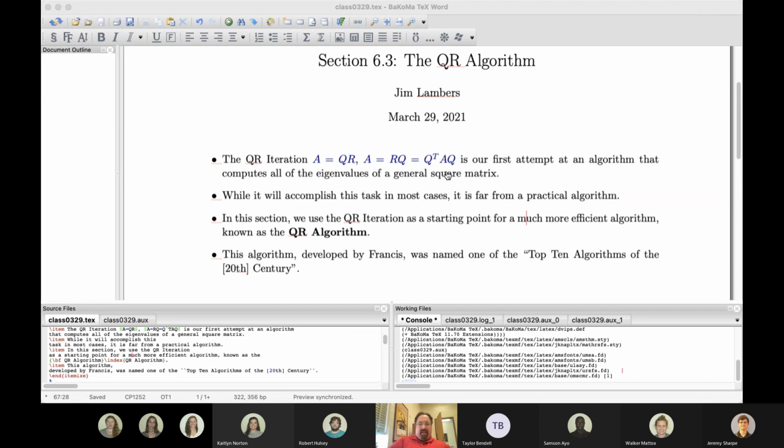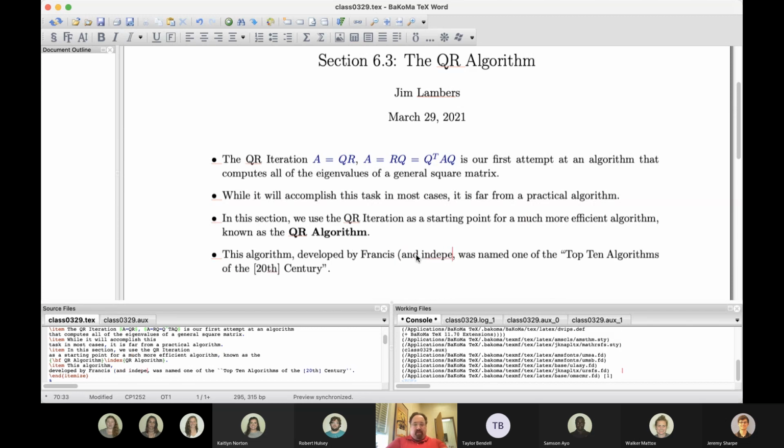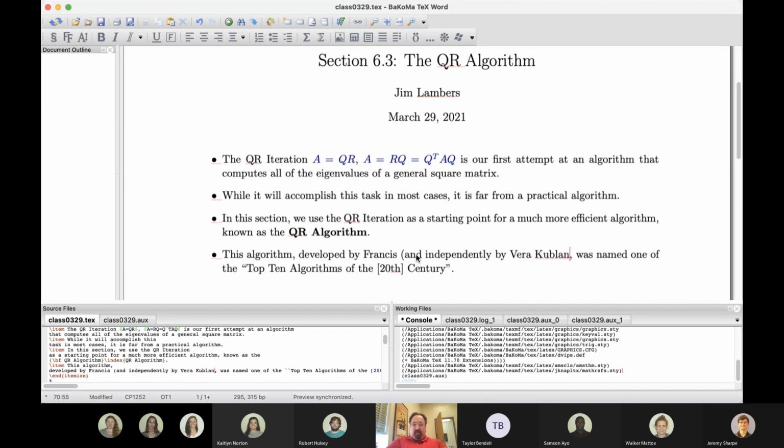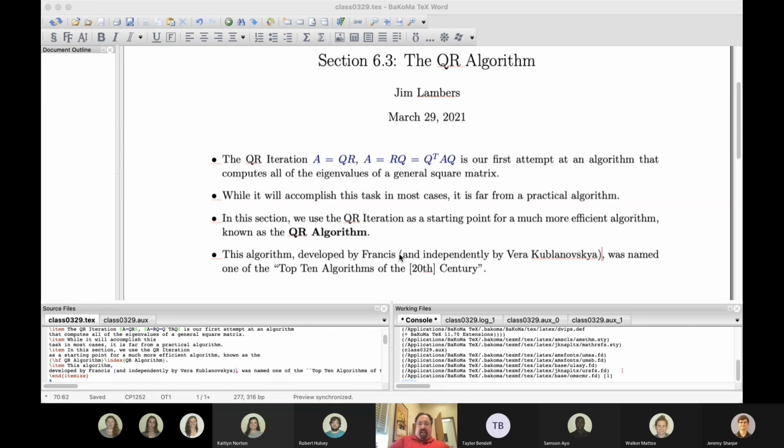Ah, yes. Okay, I want to give credit where credit is due. By Vera Kublanovskaya. It's unfortunate, but also very much a sign of the time, sadly, that people tend to give credit just to Francis. In fact, a key component of this algorithm is called a Francis QR step.